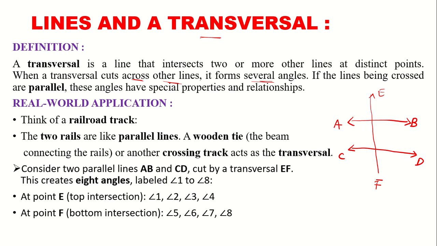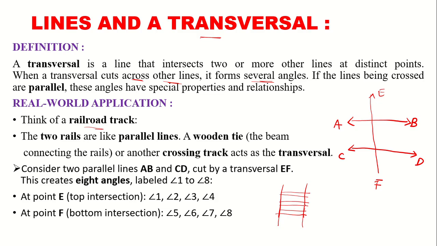So now let us understand this transversal topic with a real world example. Think of a railroad track. As you can see, this is a railroad track, and in between we have some wooden ties, right?